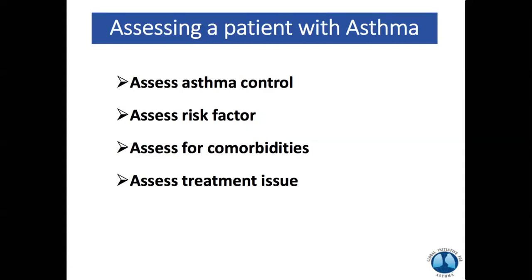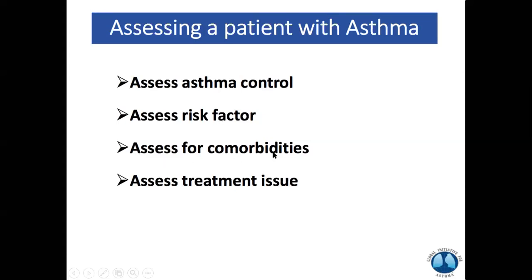So there are certain risk factors where they have a higher chance of worsening, even though they are controlled for a period of time, maybe 2-3 months. So we have to maintain control, but they do have risk factors to worsen at any point of time. So we also have to assess those risk factors and try to prevent them.